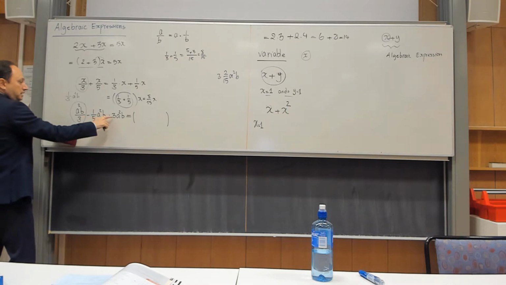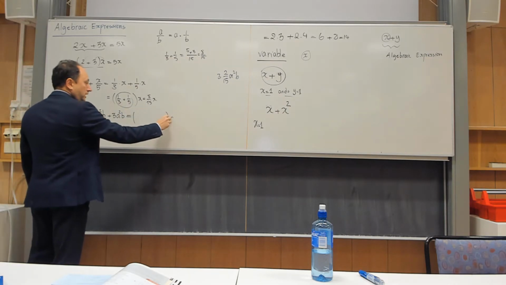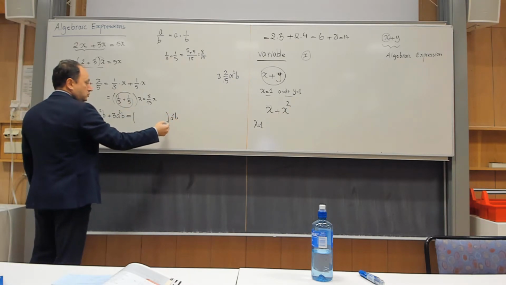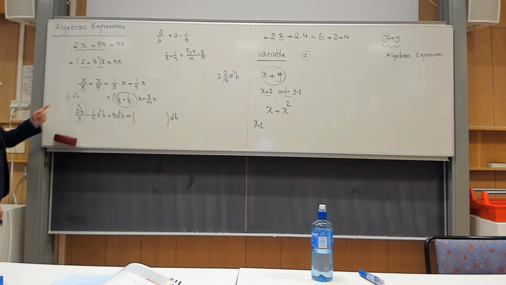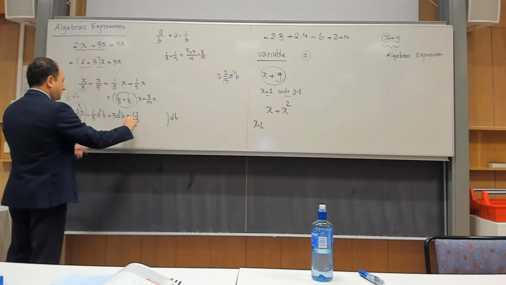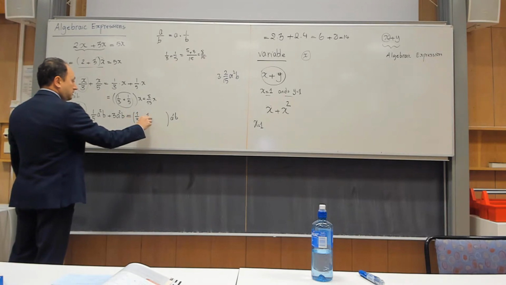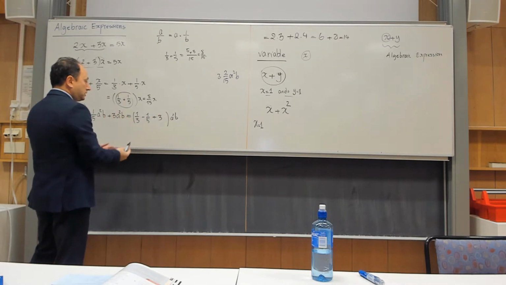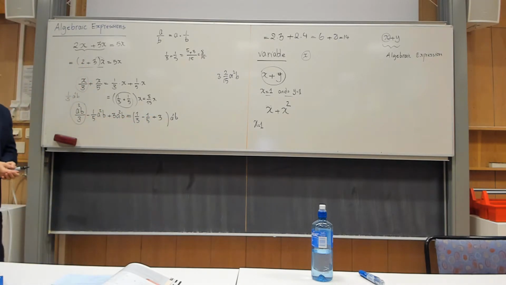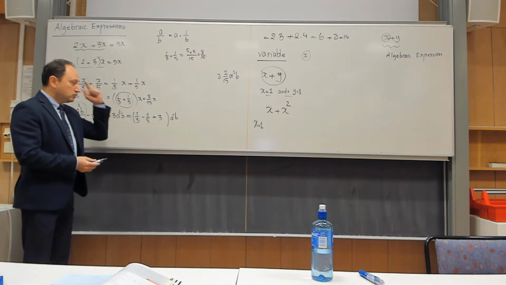I can pull a squared b out, and if someone asks you why, it is because I can use the distributive law. Then the factor 1/3 and the factor minus 1/5 and the factor of 3 should be correspondingly added or subtracted. Yes? And if this is easy, you do it in your head.